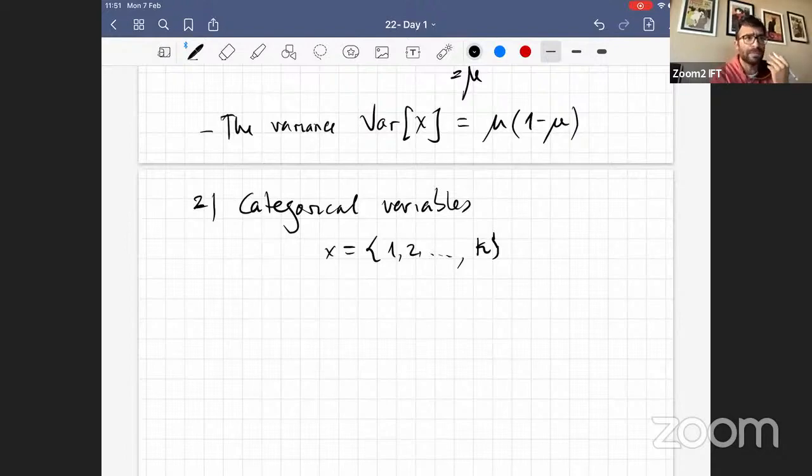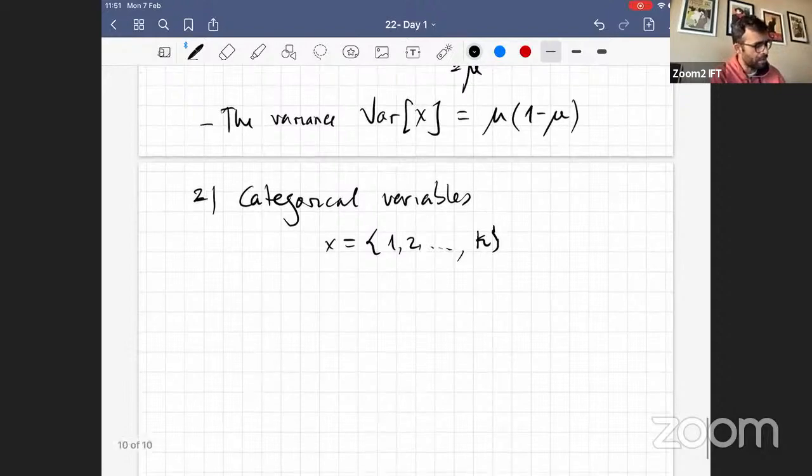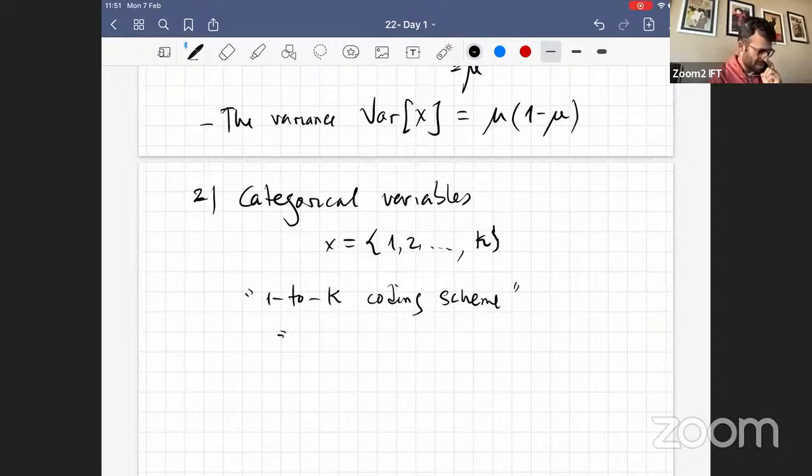There is a common parameterization of a categorical variable, which is very practical. Depending on the literature, it is called the so-called 1 to k coding scheme, but the more fashionable name, mainly among machine learning practitioners, is one-hot encoding.